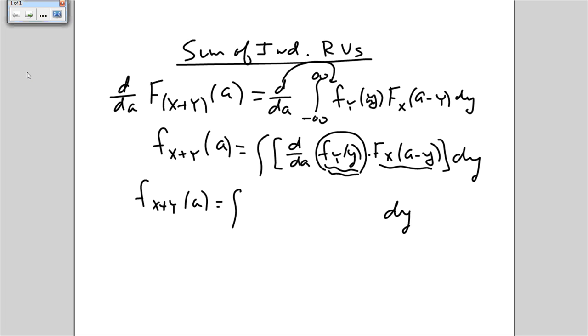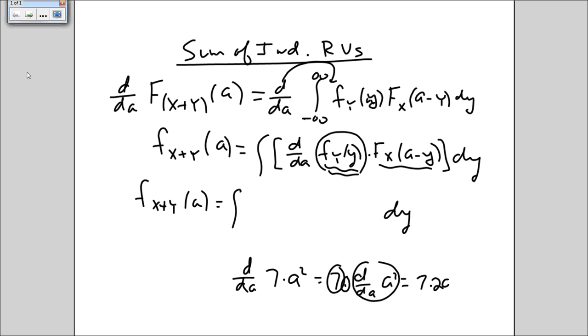So we have the derivative of that times that. This is not a function of a, it's a constant. Remember, the derivative of 7 times a squared is 7 times the derivative of a squared, which is 2a, so 14a. So f sub Y of y is a constant times the derivative of this.